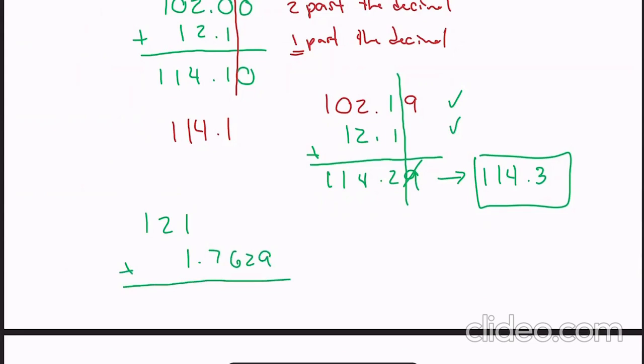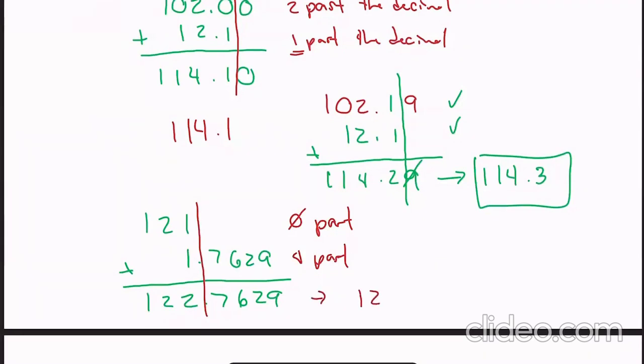Well, let's go ahead and add them up. 122.7629. I have 0 past the decimal. I have 4 past the decimal. Well, it looks like 0 past the decimal wins. Then my answer cannot go beyond that decimal there. That my answer is 123.